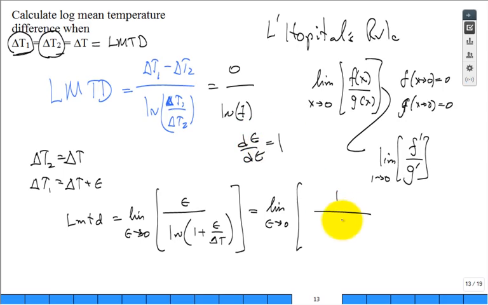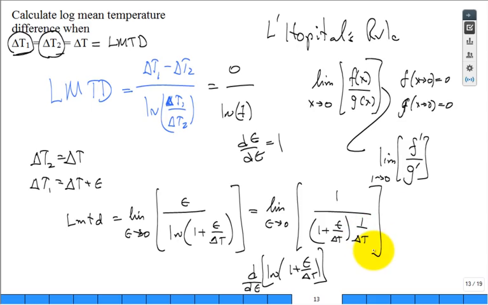All right, the harder one, the derivative of the natural log of 1 plus epsilon over delta T, all of that with respect to epsilon. What is that? That one's not so easy. That's 1 over 1 plus epsilon over delta T, times 1 over delta T.